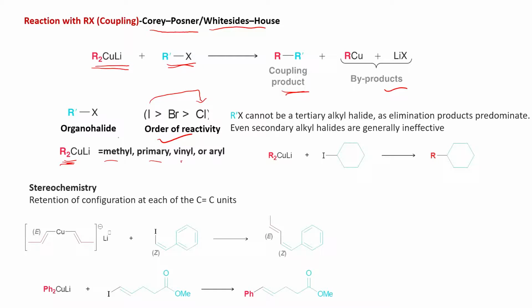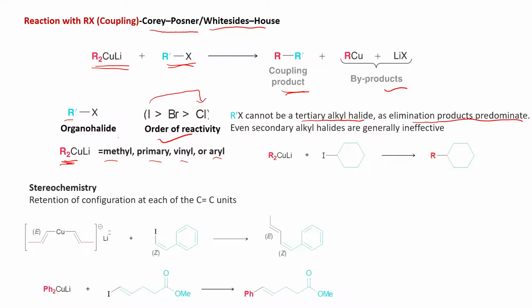primary, vinyl, or aryl. Okay, so in this reaction, your R2 or R prime is primary or secondary, but it cannot be tertiary, because in the case of tertiary alkyl halide, you will get elimination product.